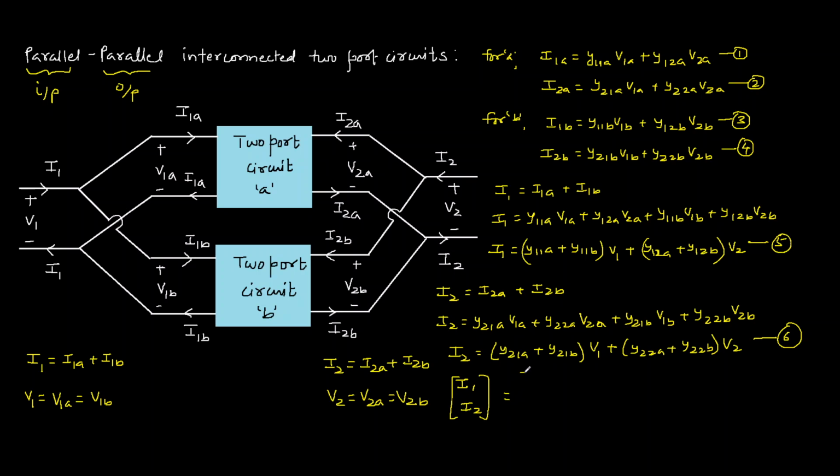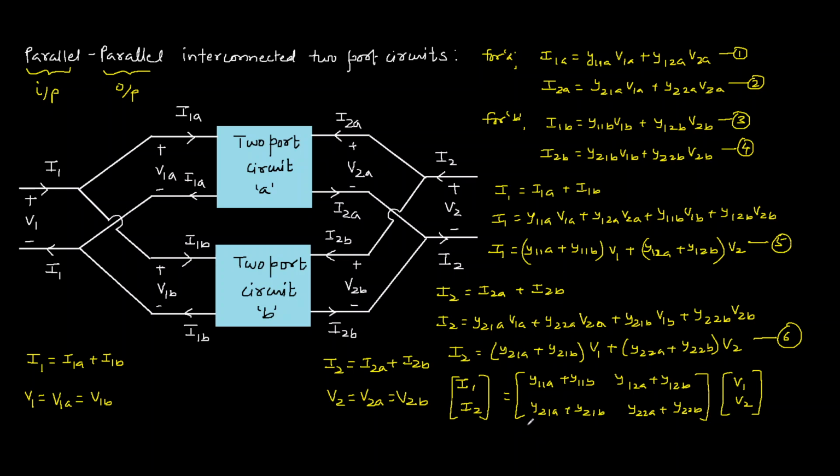So from equations 5 and 6 we can write in matrix form I1 I2 equal to Y11A plus Y11B, then Y12A plus Y12B, then Y21A plus Y21B, and then Y22A plus Y22B, and the column matrix V1 V2.